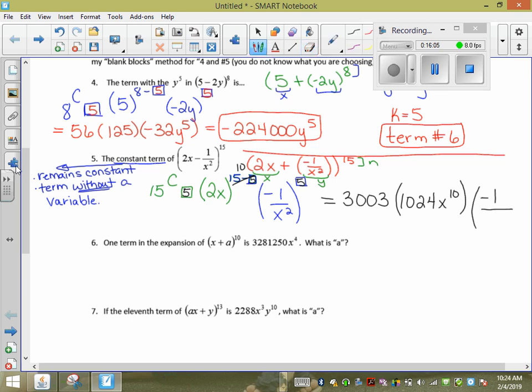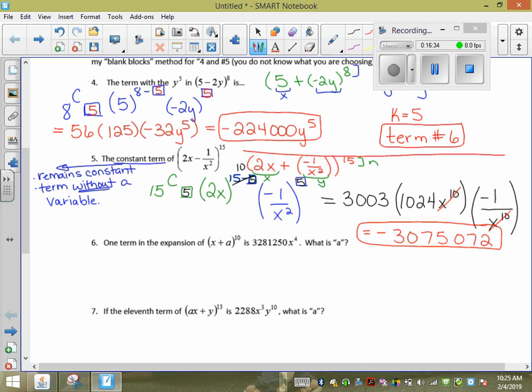All right. So then I have x to the 10. Those cancel. And you multiply all your coefficients, and you get negative 3,072. Negative. So that is the constant term. The constant term is that.